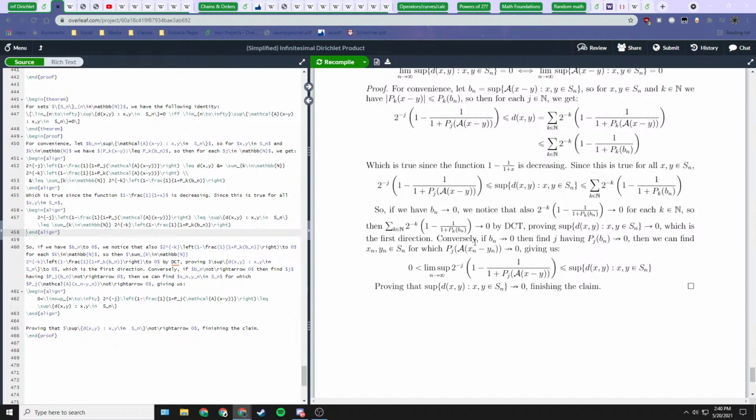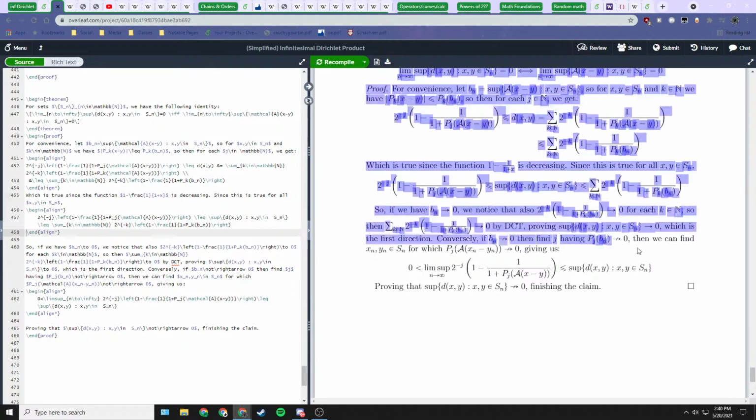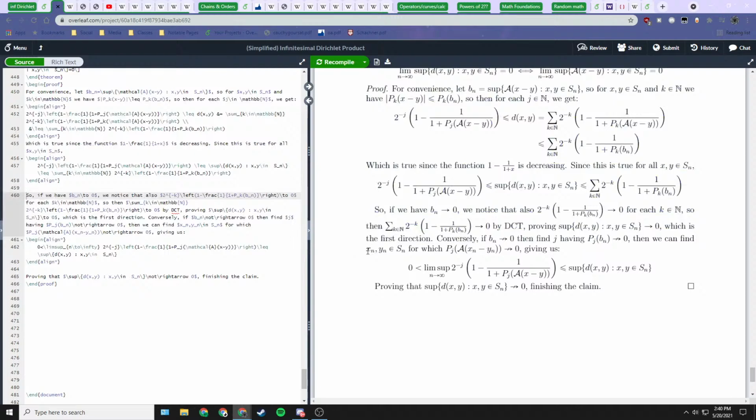That's the first direction. The second direction is, if b sub n is not going to 0, then we can find some specific index j for which this projection b sub j does not go to 0. But then, b sub n is just the supremum of these absolute differences of x and y. So if the j projection of these supremums is not going to 0, then we can find some terms, x sub n and y sub n, for which the projection of their absolute difference doesn't go to 0.